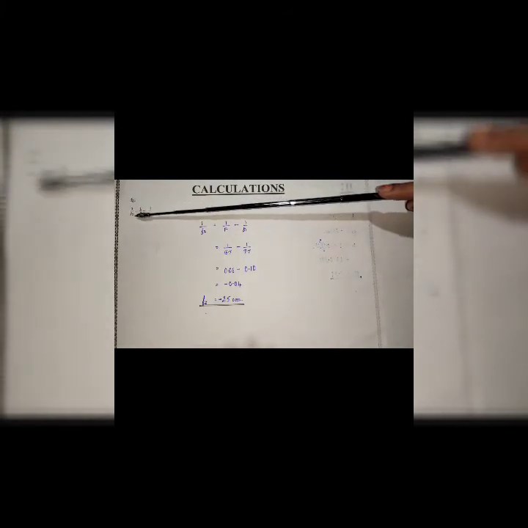Calculations. To determine F2, the focal length of the water lens, we are using the formula for the combination of lenses. This is the combined focal length F, which we have determined through the experiment, and F1 also we have determined through the experiment.